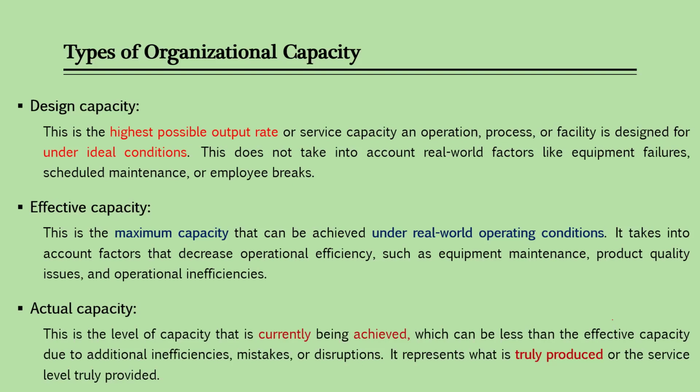However, here we are going to face the truth itself. We are not going to be too optimistic in the actual capacity, because there may be additional inefficiencies. There may be some more mistakes. There may be disruptions in the operational flow. Because of that, actual capacity may be lesser than the effective capacity. This represents what is truly produced or service level truly provided.